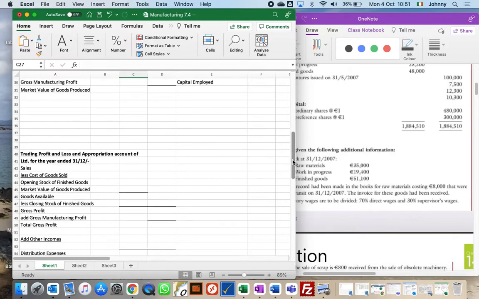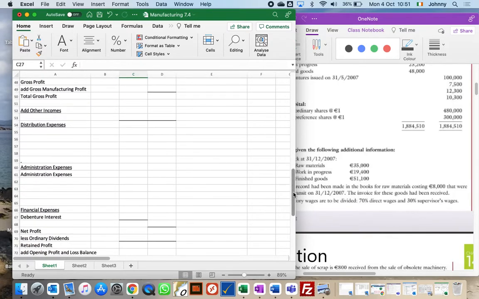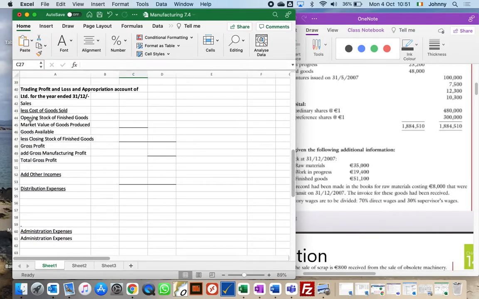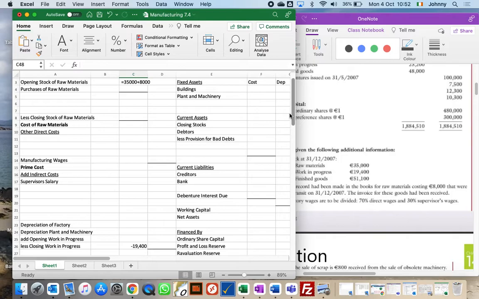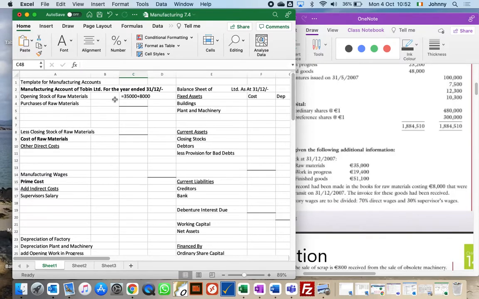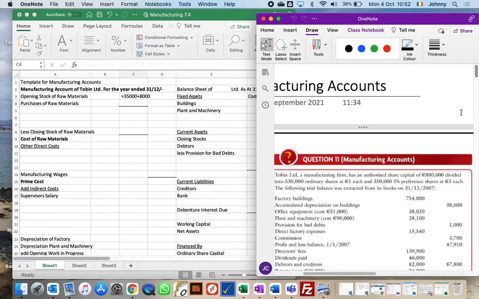So the finished goods is way down here in the trading account. So the closing stock of finished goods is 51,100. Now the other thing I said a second ago, because of these raw materials that were in transit, those raw materials are going to be included in purchases. So I'll have a look at my purchases figure up above.